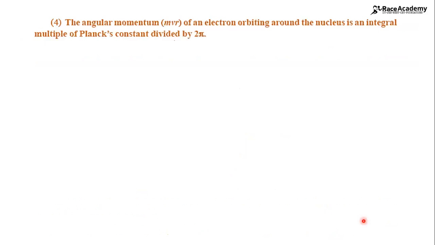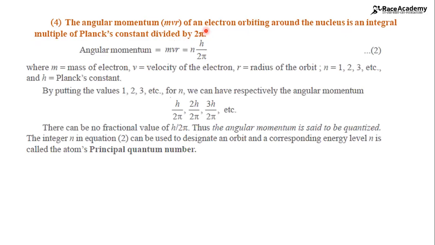Now this is the fourth one: the angular momentum of an electron, mvr, orbiting around the nucleus is an integral multiple of Planck's constant divided by 2 pi. So mvr equals nh by 2 pi, assuming this is the second equation, where m is the mass of the electron, v is the velocity of the electron, r is the radius of the orbit, and n values may be 1, 2, 3, etc. h is Planck's constant.